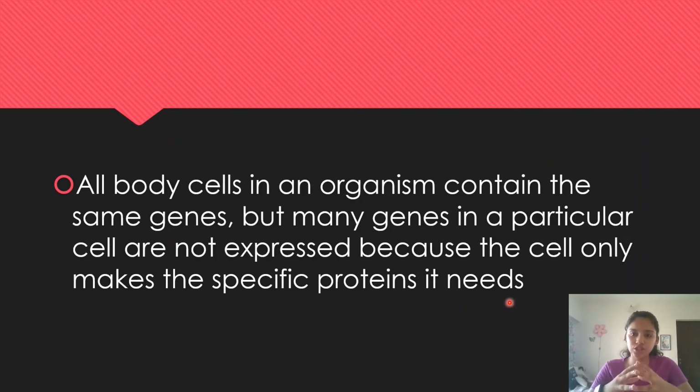All of these genes are contained in every cell in your body. But obviously, if you have a cell that does not need to make an enzyme, it's not going to make an enzyme. So what basically happens is that the gene to make an enzyme is not expressed. That's the concept we need to understand, that all the genes in all cells are the same, but only some are expressed. So specific proteins are made.